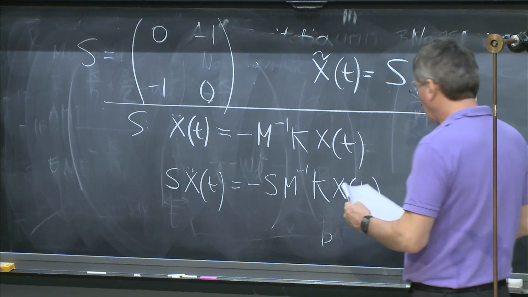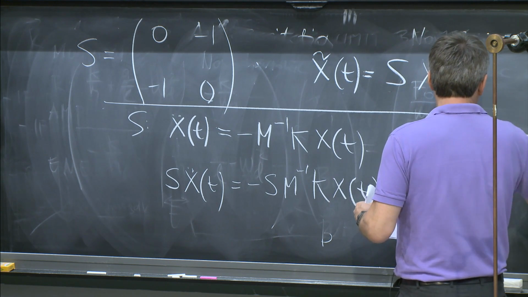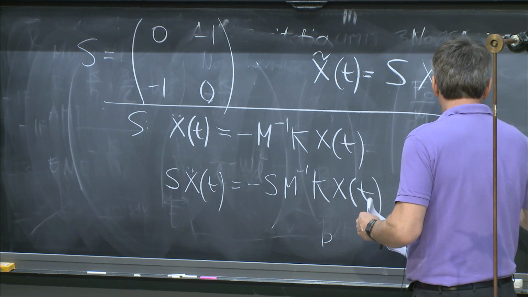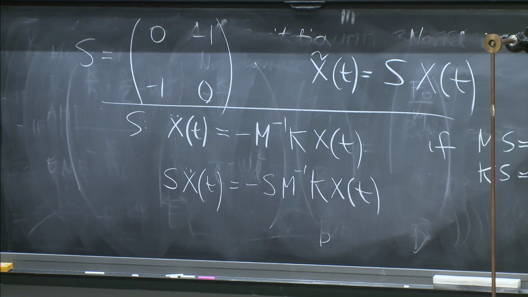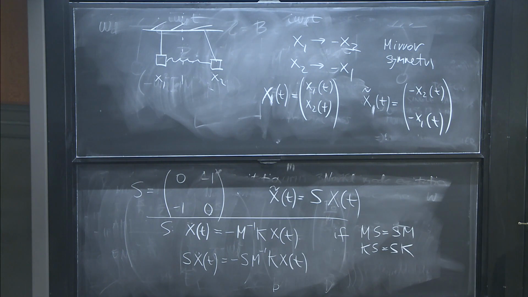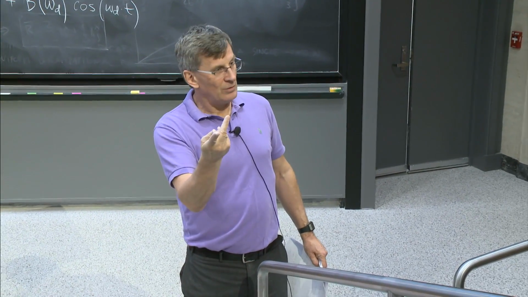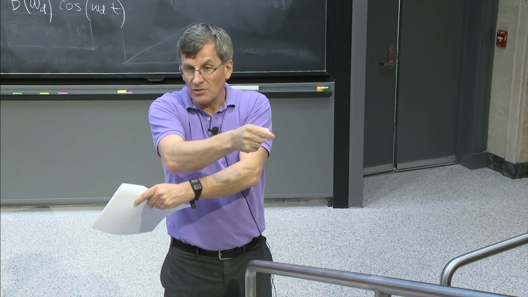However, if m S is equal to S m and k S is equal to S k, in general, for matrices, the order of multiplication matters. But it turns out that if the system is symmetric, if you multiply mass m by S, we just change the position of two masses, so nothing changes.